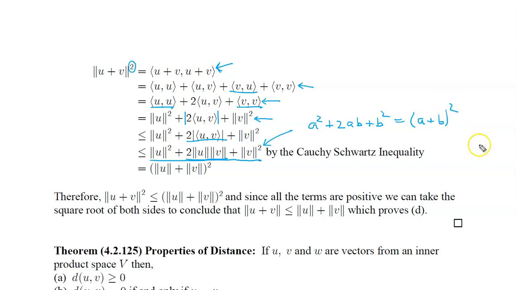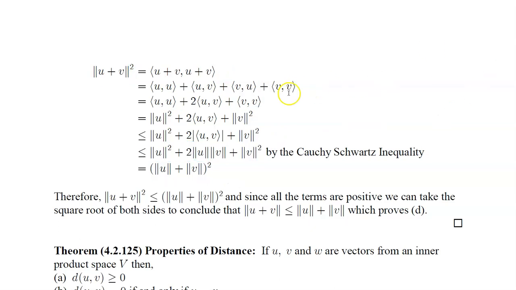That's what we have. So we have this is less than or equal to this. That's what we have written right down here. Now just take the square root of both sides and you get your result, and you have your triangle inequality for inner product spaces. And there you go.